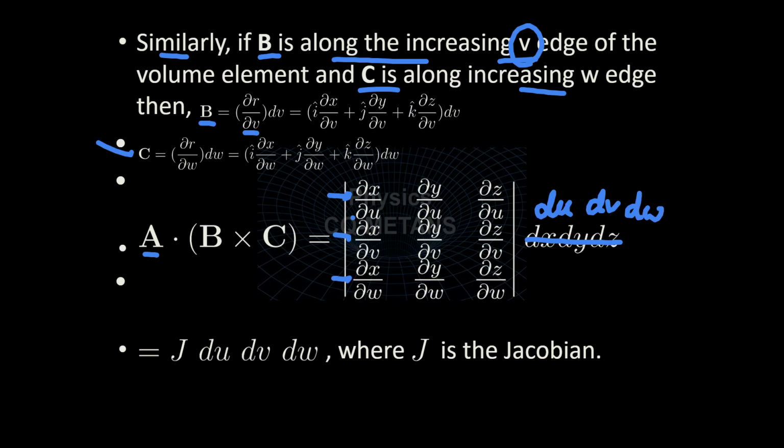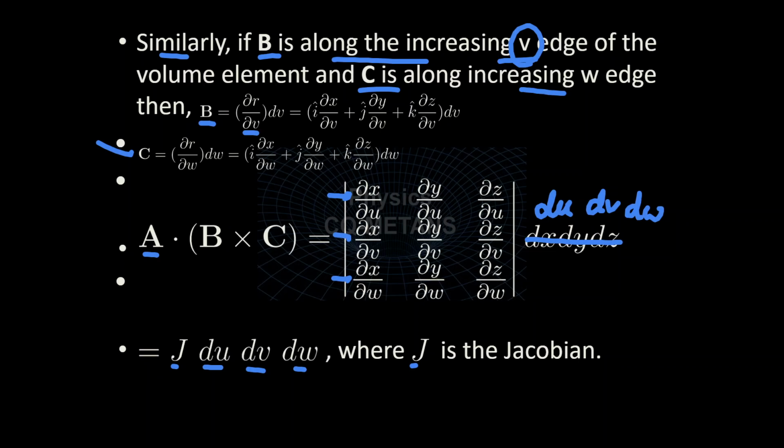Now this determinant is nicely written as J. So it can be written as J du dv dw, where this J is called the Jacobian. This determinant is very important when we solve problems in thermodynamics.